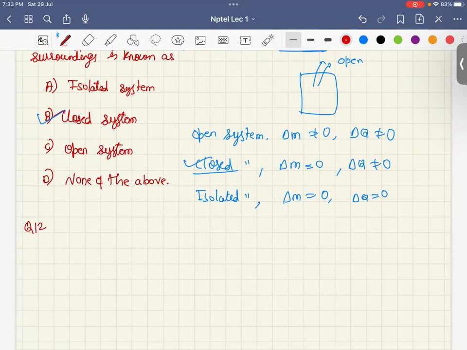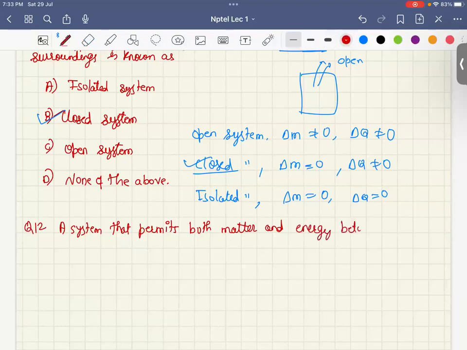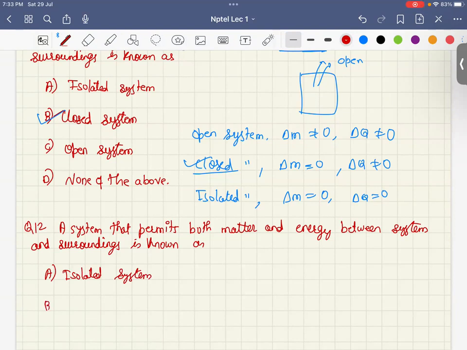Question number 12. A system that permits both matter and energy transfer between system and surrounding is known as, again the same options: isolated system, closed system, open system, and none of the above.